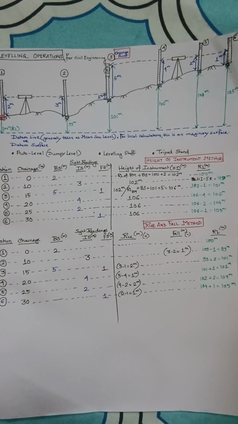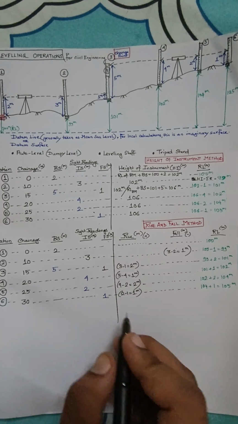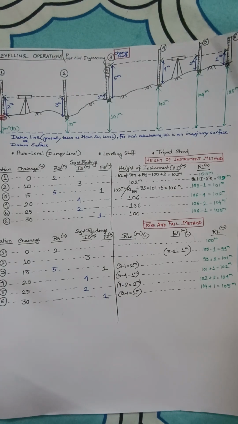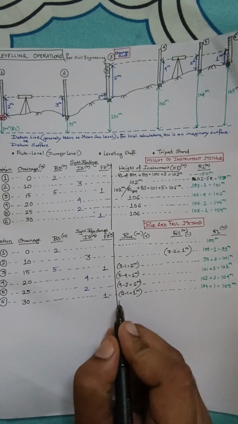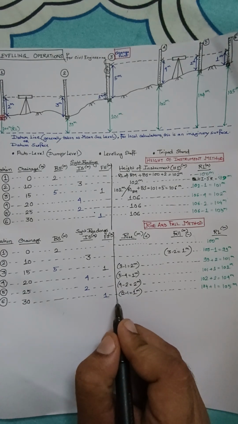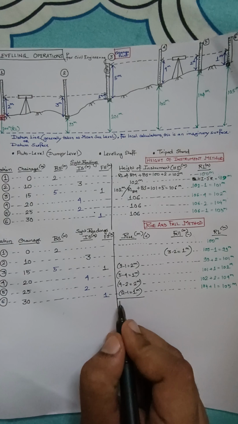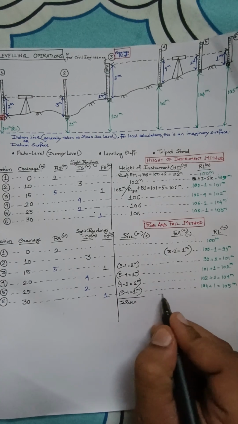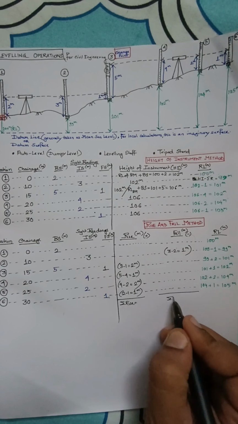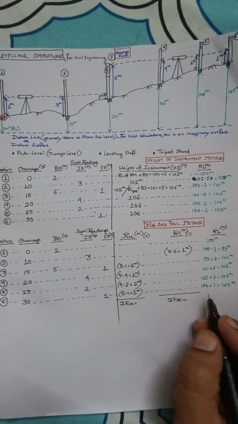There is one check which you need to do, which is the sum of rise minus the sum of fall. You have to calculate it, as simple as that. Summation of rise we have to calculate over here.